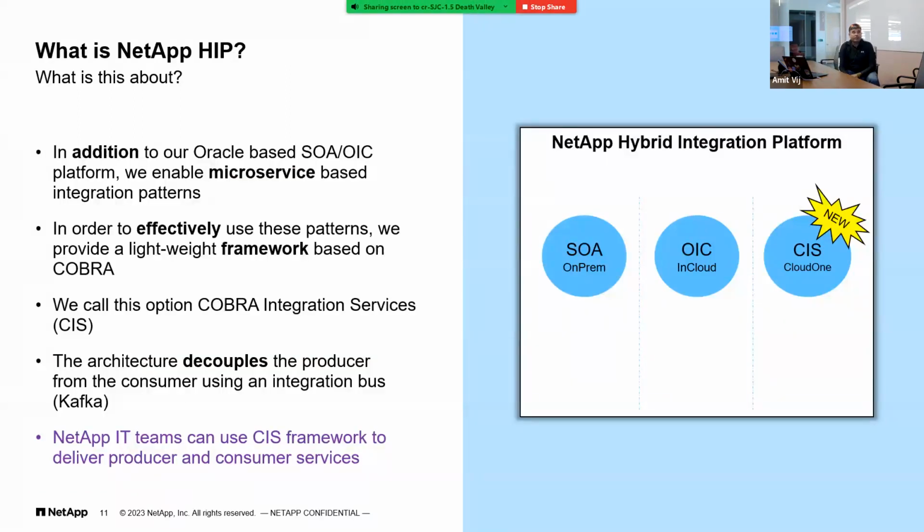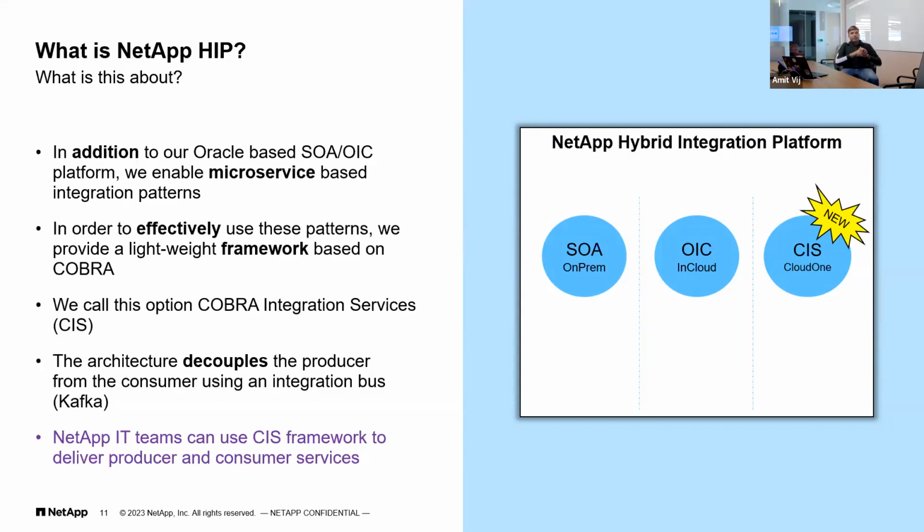What else are we doing? HIP stands for Hybrid Integration Platform. Within the group that I am in, we basically have multiple offerings. We have this Cobra offering, but in terms of integration, we have SOA, which is Oracle Fusion, on-prem.